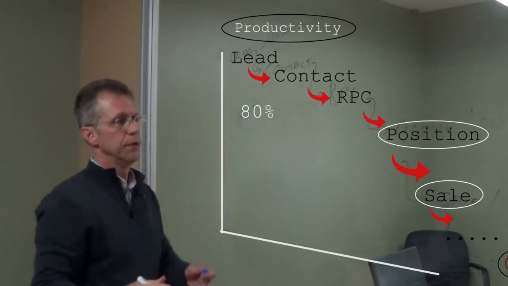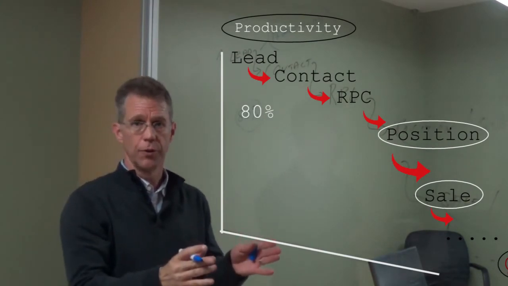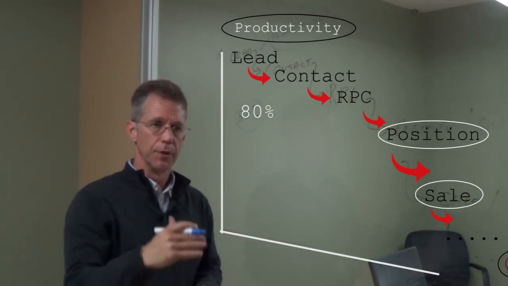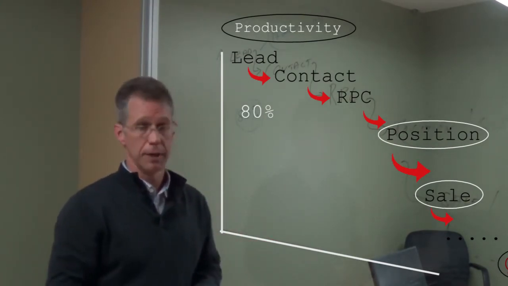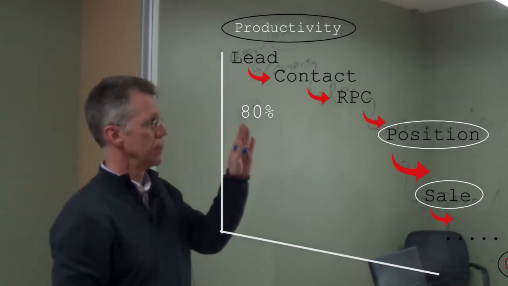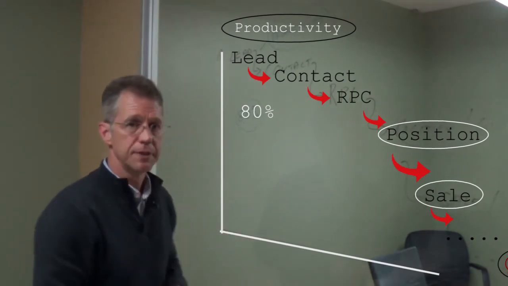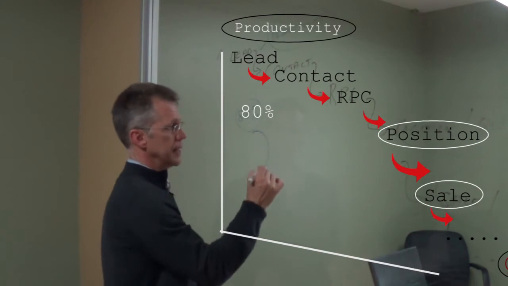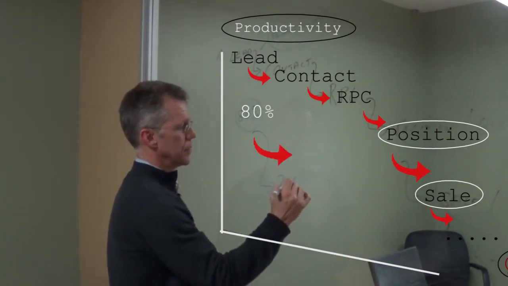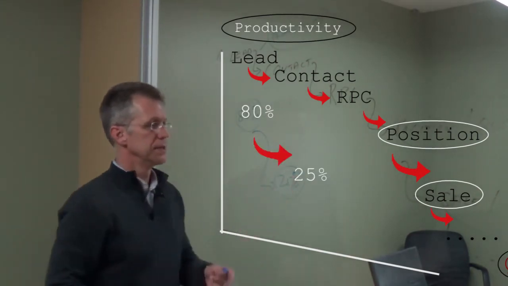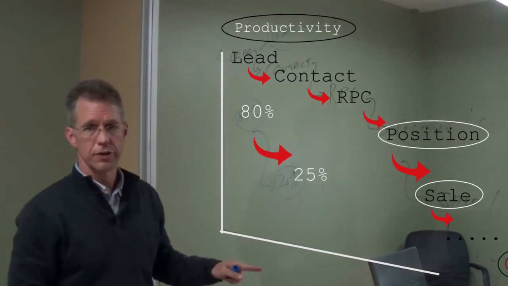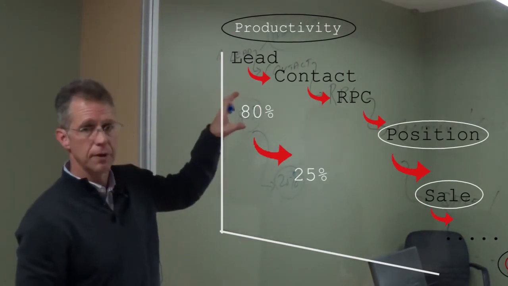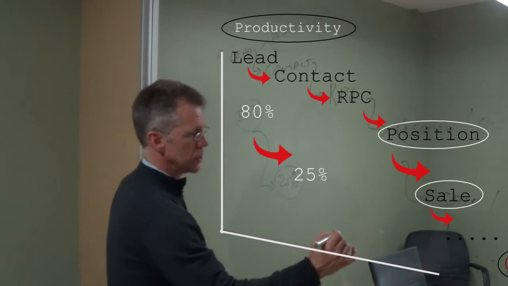In other words, for every target audience person I get through to, for 8 out of 10 of those people, I'm able to provide them with a quotation. Then of those, for 25% of those who I provide a quotation with, I'm able to get a sale. That means that my overall conversion rate of right party contacts to sales is 20%.